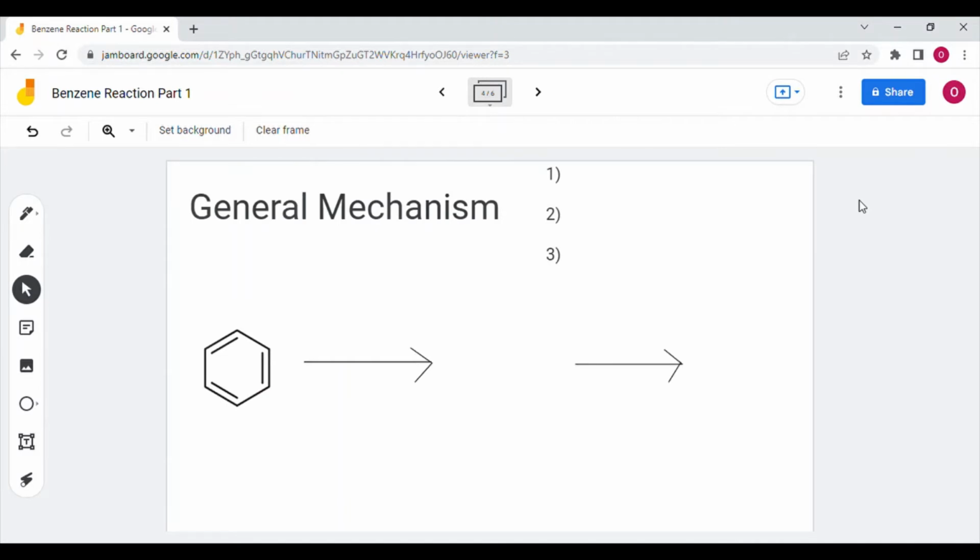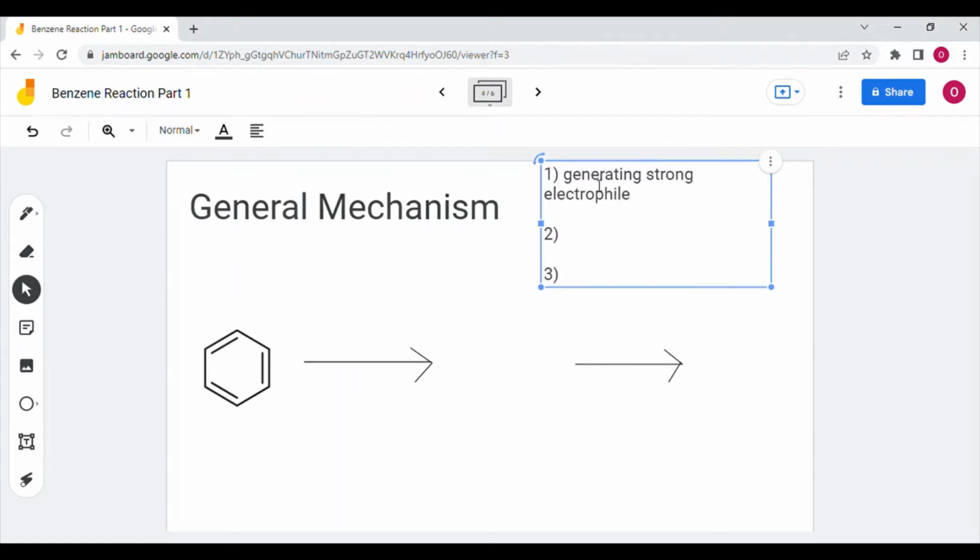In any benzene reaction, there are 3 primary steps. The first step is generating your strong electrophile. This is usually done by having 2 molecules react with one another. You'll see these with each subsequent reaction. The second step is usually some kind of nucleophilic attack, where one of the electrons in the benzene attacks the electrophile.